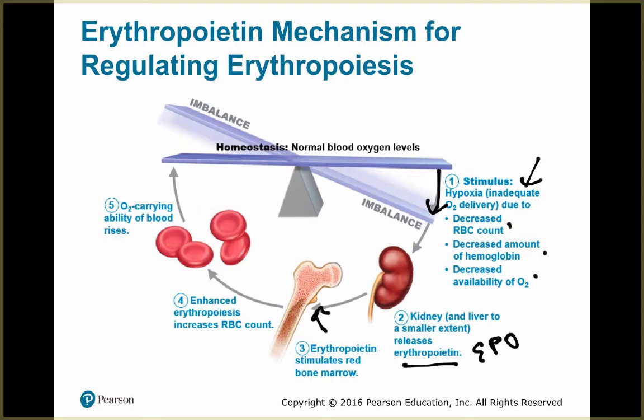EPO is going to act on the red bone marrow that's located in spongy bone. That's going to enhance red blood cell formation, and you get more red blood cells carrying O2. So essentially, the stimulus of hypoxia will be removed, and O2 levels will rise back. Now, once O2 gets high enough, it'll decrease the production of EPO. And so that's the balancing act that happens.